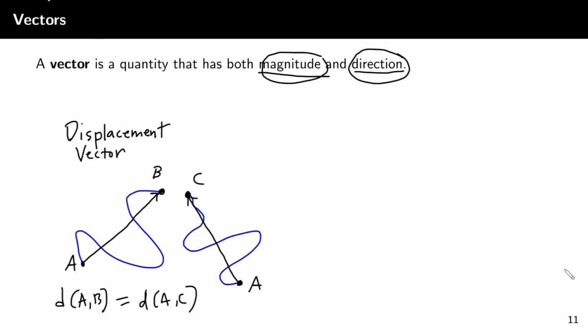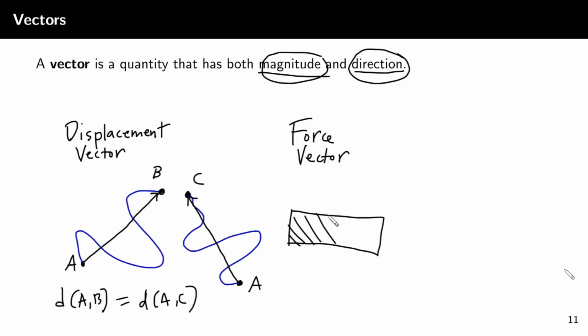So another example of a vector is the force vector. So if you have an object, for example, this is your object, which is a concrete block, and then you're pulling it. Okay. So you are pulling it towards this direction, and the force that you use to pull this object will be the magnitude of that vector, and the direction in which you are pulling this object will be the direction of the vector.